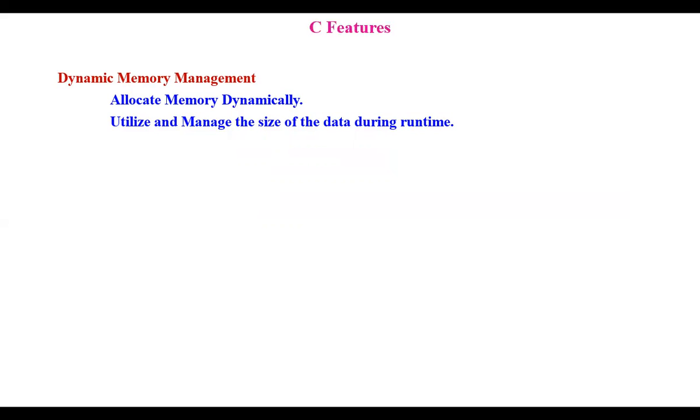So depending on the data element, it allocates the memory. The memory can be released using the free function. So some functions are available in C, and using these functions, we can release the memory. We need not extensively use the available memory, and freeing of memory is possible.